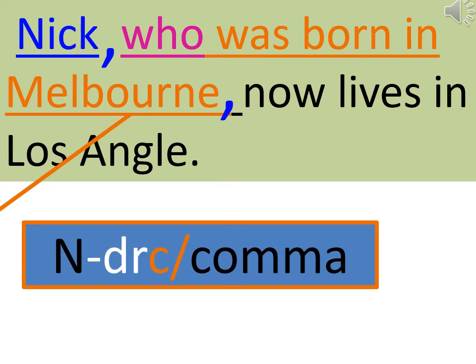Non-defining relative clause. Noun and relative pronoun. Comma. Comma.